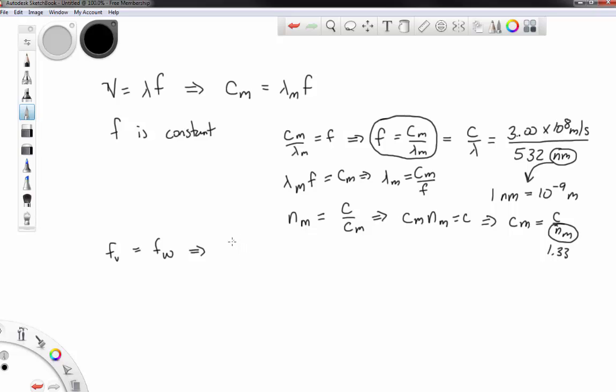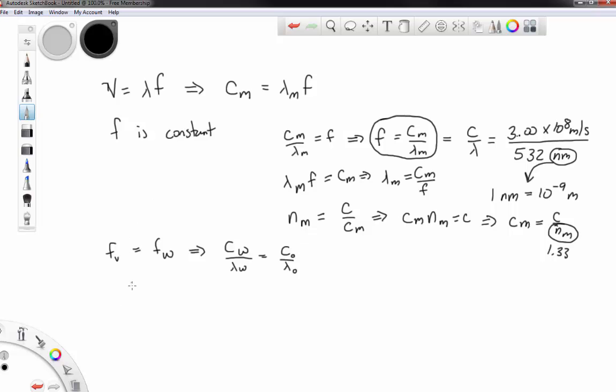So that means that the speed of light in water divided by the wavelength in water should be equal to the speed of light in vacuum divided by the wavelength in vacuum. And I'm going to put a little 0 here to represent that it's the speed of light in vacuum. That's the maximum speed of light and therefore actually also the maximum wavelength.